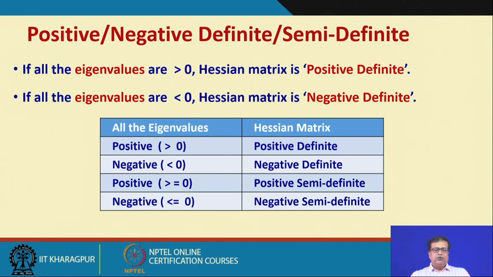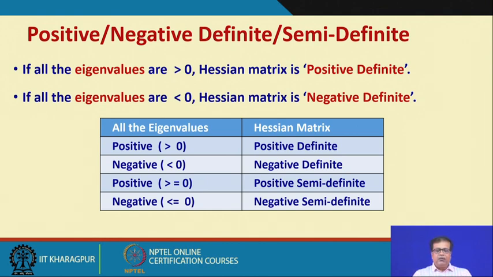So, only these 4 cases are considered here. Can there be some other cases as well? Is it a complete set? Answer is no, it is not a complete set. Supposing we have 3 eigenvalues, 2 could be positive, 1 can be negative, or 1 is positive, the rest 2 are negative.